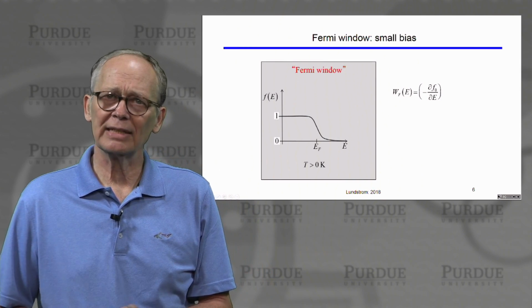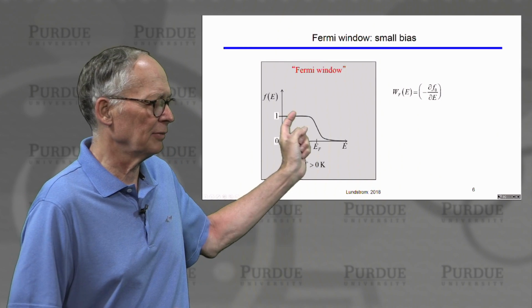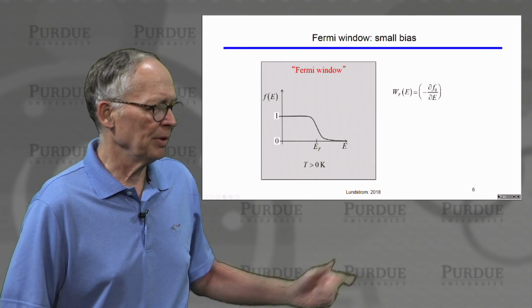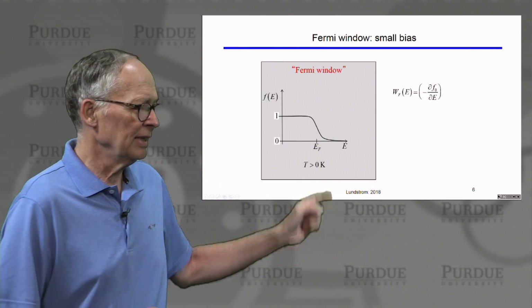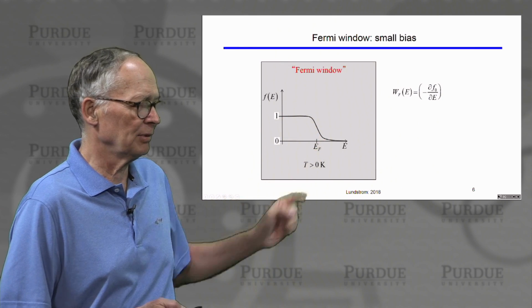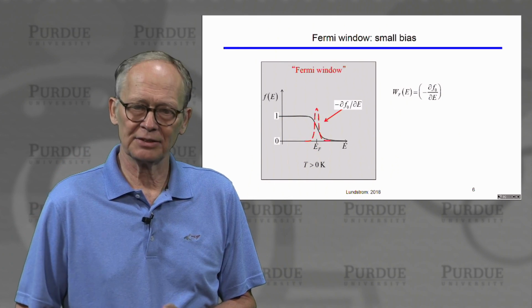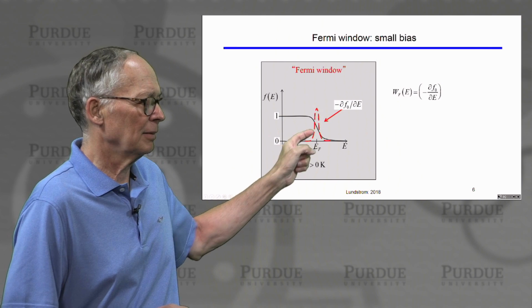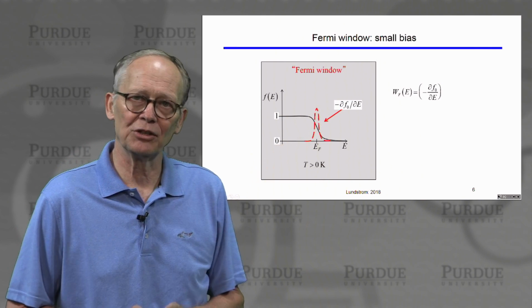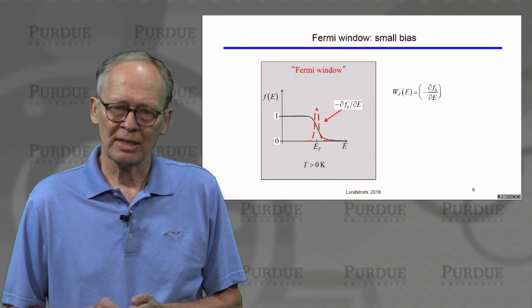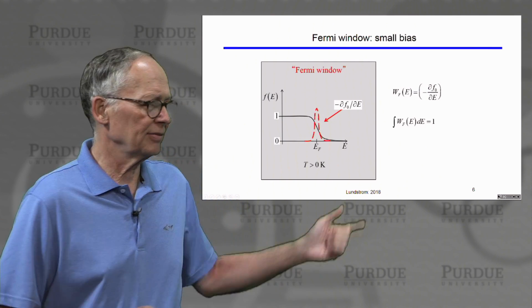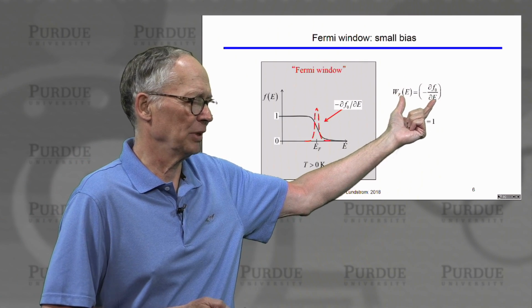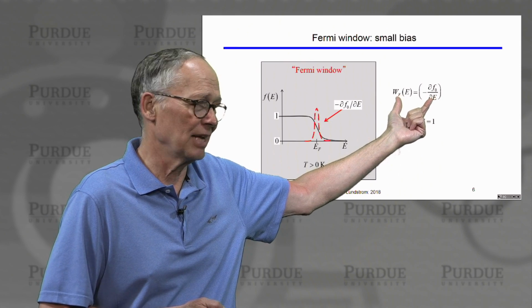Okay, so if we look at that just a little bit more, here's a plot of our Fermi function. The Fermi window is proportional to minus the derivative. You can see that the slope is negative around the Fermi energy. So minus the derivative is going to give me some quantity that's positive, centered around the Fermi energy. The area under that curve is an exercise that it's worth having a try at.